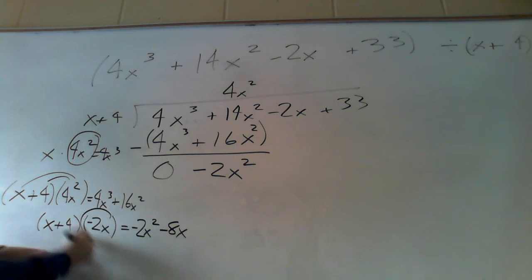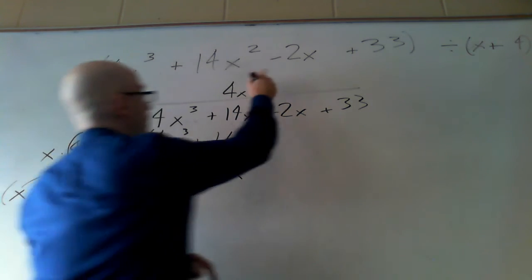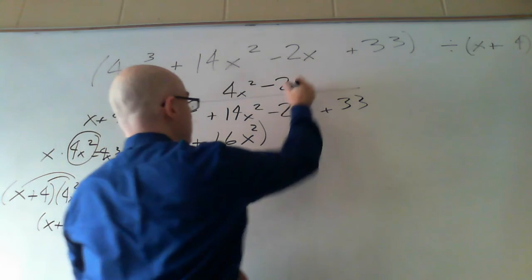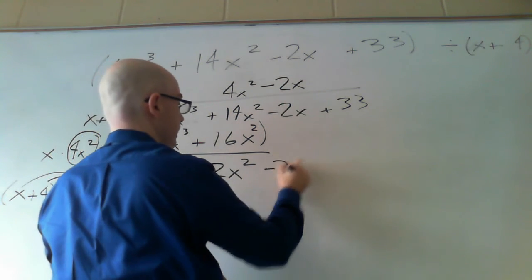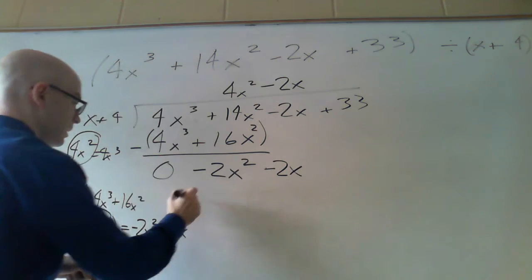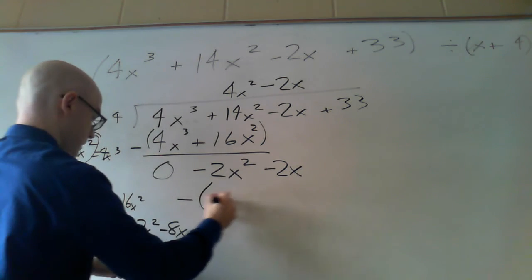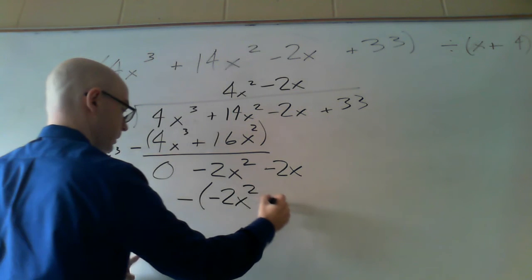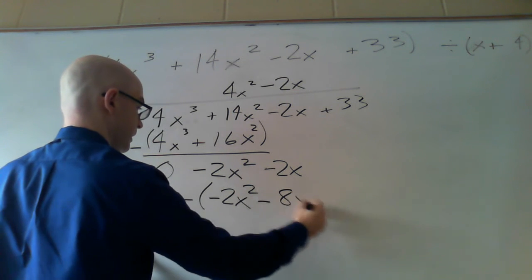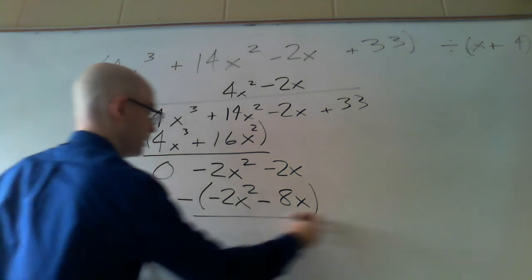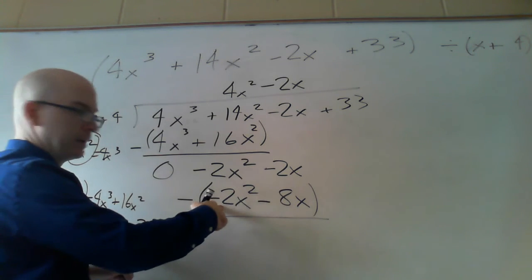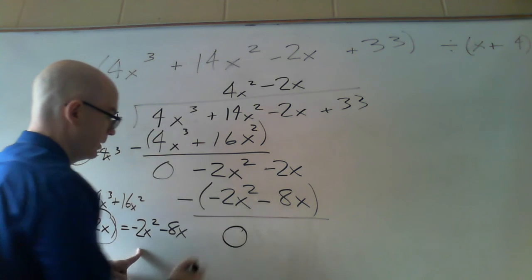So this negative 2x, I'm going to put up here. Bring down this negative 2x. Subtract negative 2x squared minus 8x. The signs flip because you have a negative and a negative, which cancels that out.